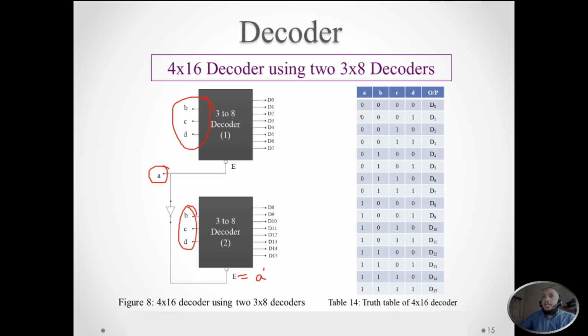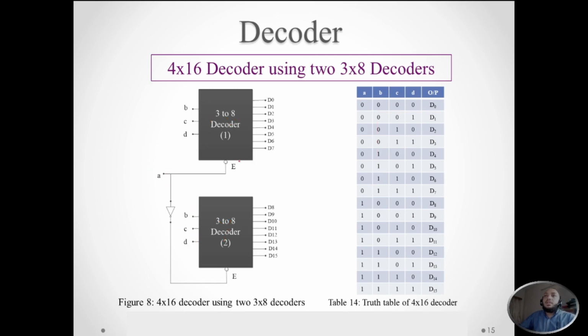So when A is 0, which is in these first 8 cases, then this decoder will operate and this won't operate, and we will get the outputs from D0 to D7 because this decoder is working at that time.